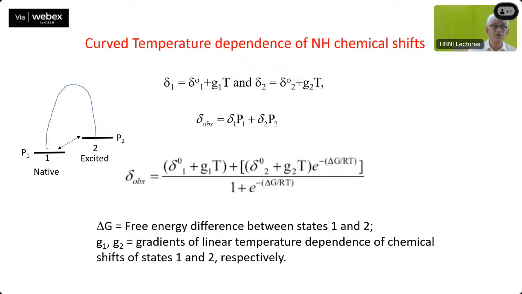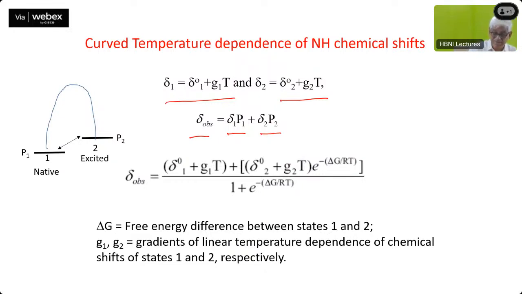State 1 has a chemical shift dependence on temperature like this, and state 2 has a temperature dependence like this. If there is exchange happening between these two states, then the observed chemical shift will be a weighted average of these two chemical shifts, weighted by the populations P1 and P2.